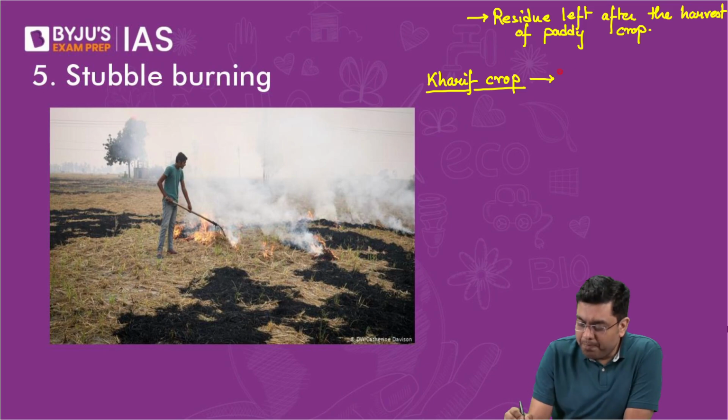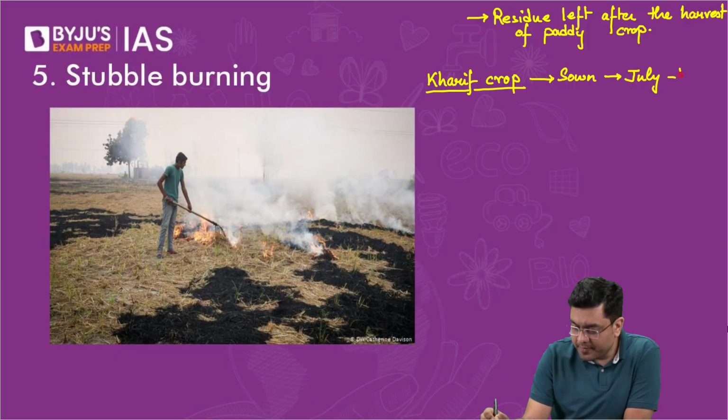Now kharif crop, when it is sown, particularly paddy in the region of Punjab, Haryana, and Western UP, in the month of July, August, is harvested in October end.